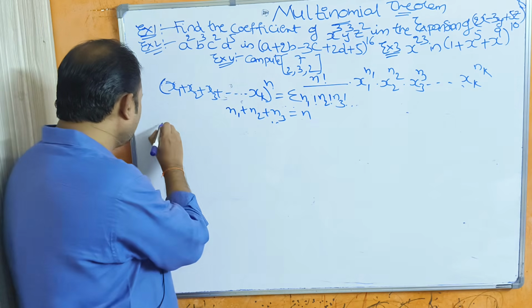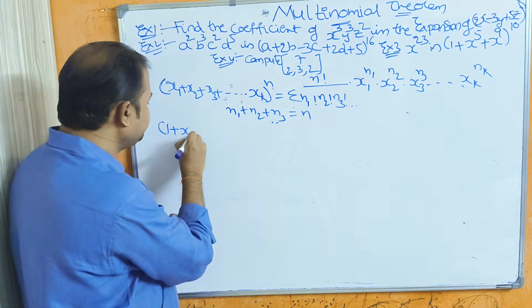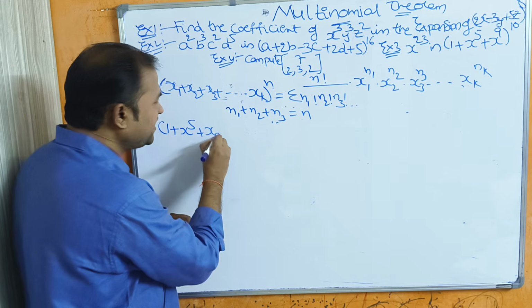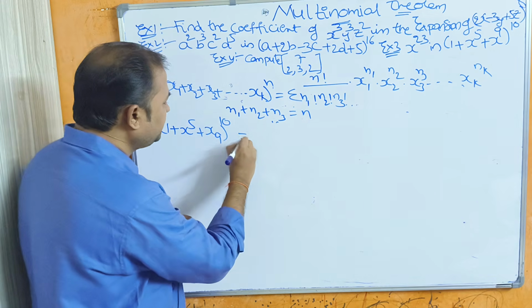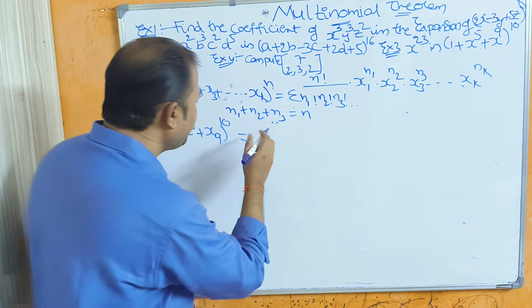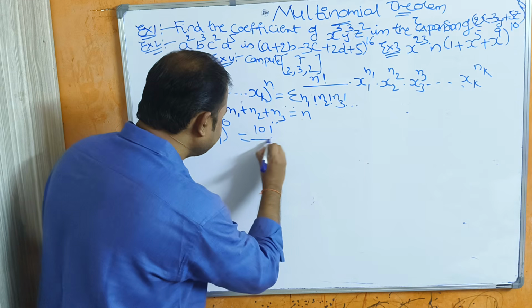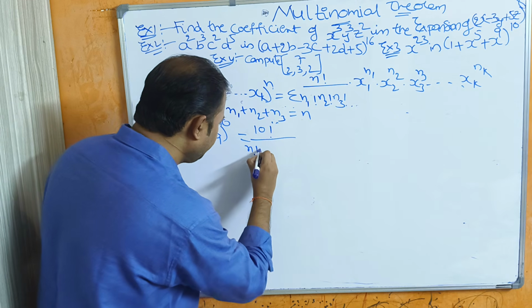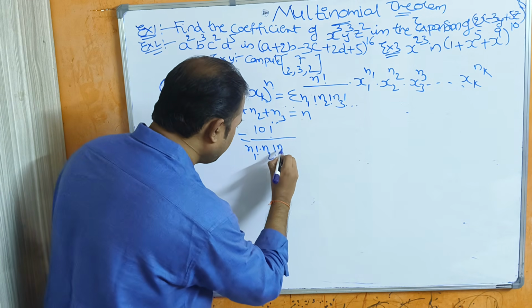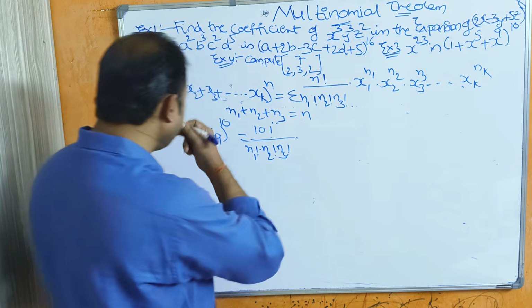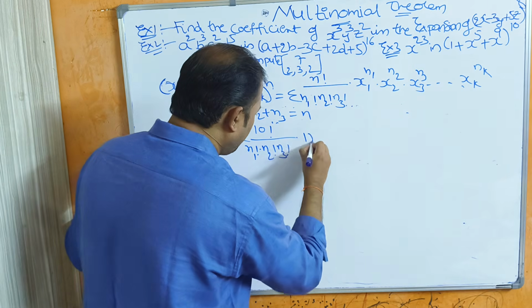So (1 plus x power 5 plus x power 9) whole power 10 equal to n factorial, n is given, so that is 10 factorial by n1 factorial into n2 factorial into n3 factorial into 1 power n1.